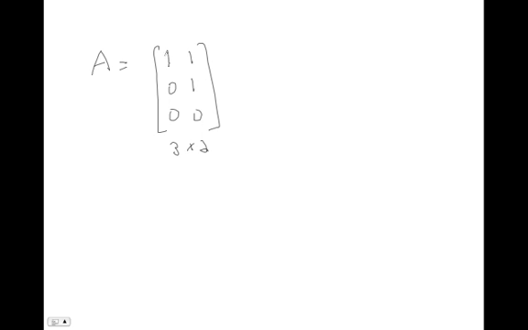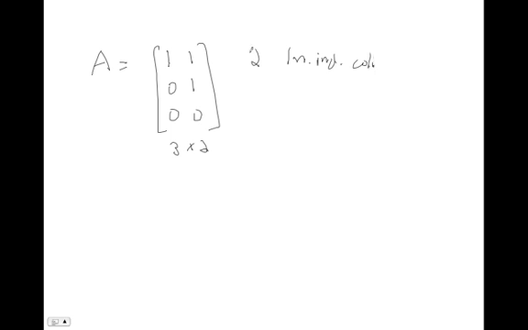So can I make this right column by multiplying the left column by some constant? No, I can't. There's no scalar I could multiply this by and get this. Because of this 1 here, I could multiply this by 5, but 5 times 0 is 0, and no matter what scalar I put there. So it's got 2 linearly independent columns, right?